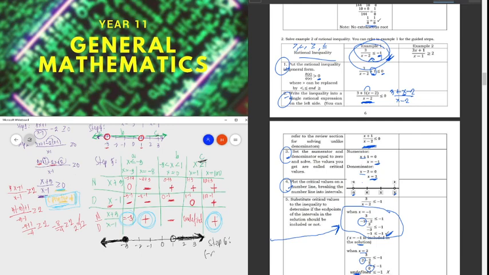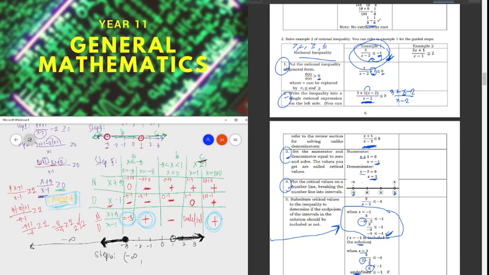Step 6, so we have here negative infinity. This is negative infinity because it can still extend, but still that is negative infinity.